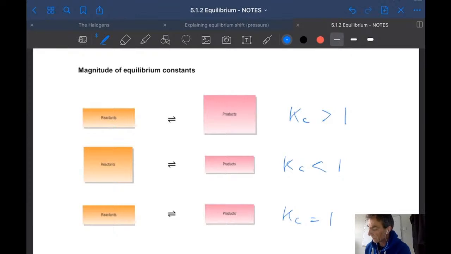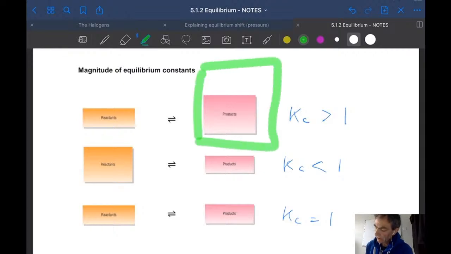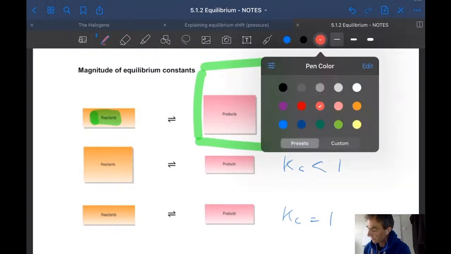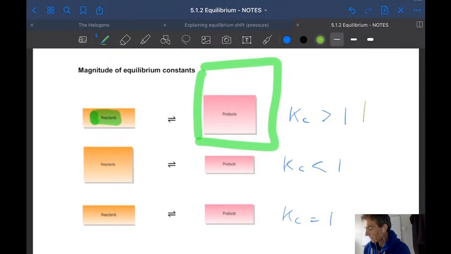And then you've got the double greater than. If this box here was absolutely enormous and this was tiny, then Kc would be much greater than 1, wouldn't it? So if I get a green pen, that would be Kc much greater than 1, which was asked in an A2 paper a couple of years ago. What's the significance of that was the question. It was only worth a mark, but I think it caught a lot of people out, judging by the examiner's report.